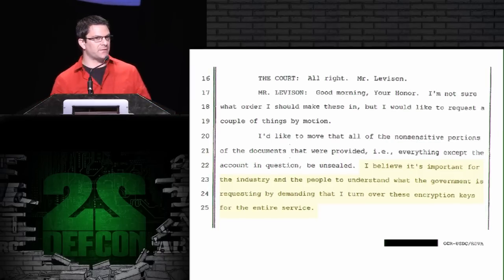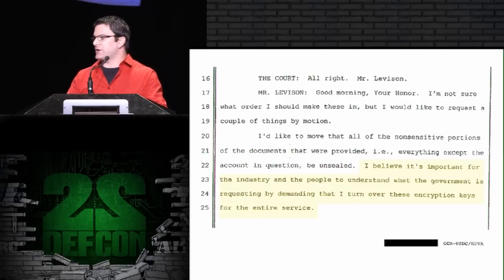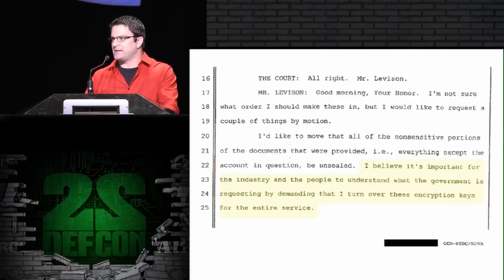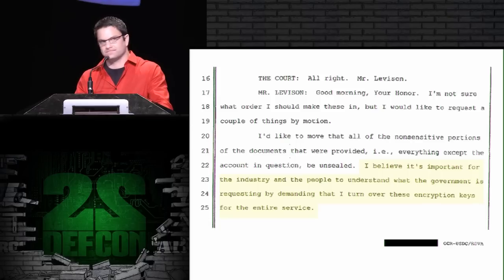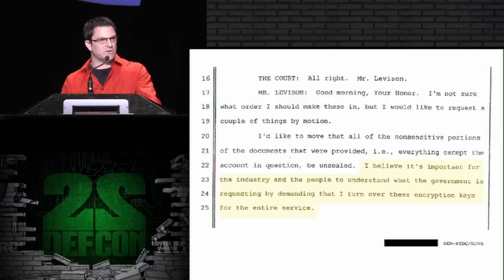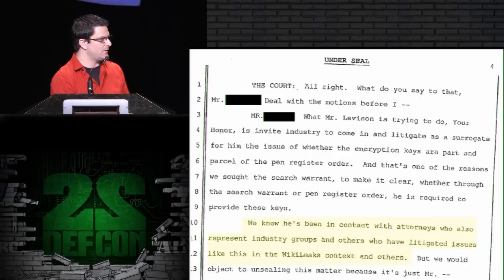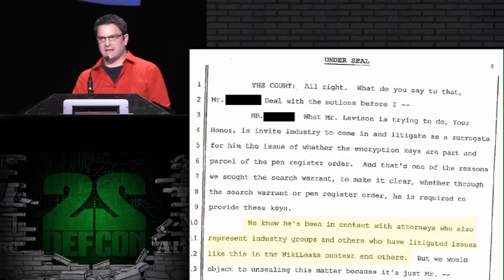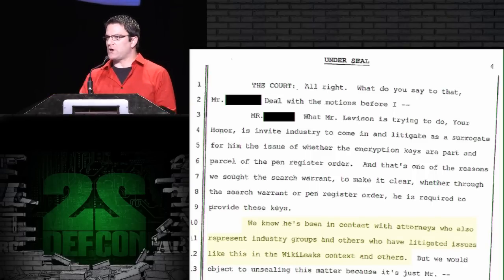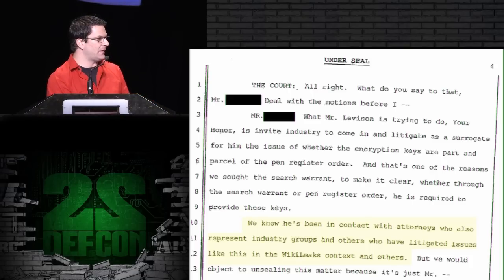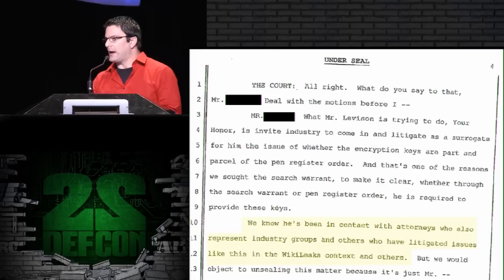I thought I'd use this other example from my own case to illustrate why the protection of metadata is so important. Here I am in court saying that I would like to tell people that the FBI is asking for my SSL private key. And in response to that request, the prosecutor stands up and says, well, we know he's been talking to the EFF and to other attorneys who have been associated with WikiLeaks cases in the past.